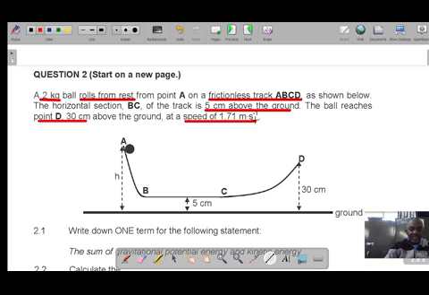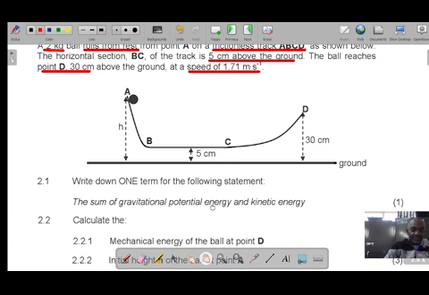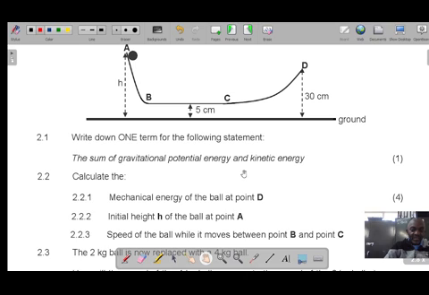What are you supposed to do then? Write down one term for the following statement. Which statement are they talking about here, guys? They're saying that the sum of gravitational potential energy and kinetic energy, what is it called? Talk to me now.